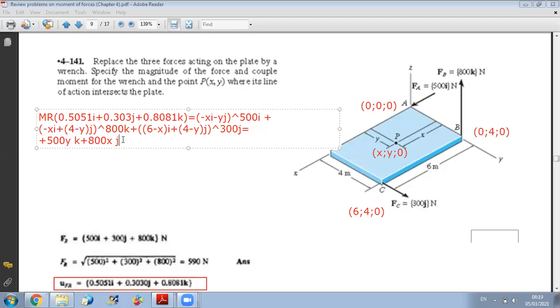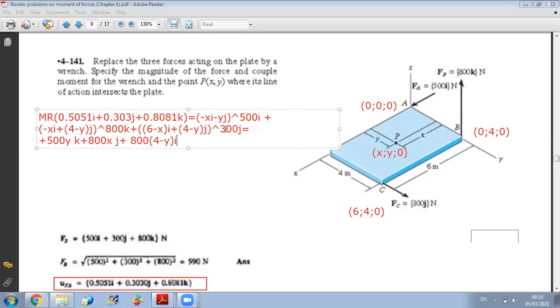Now, j vectorial k is plus i, because ijk, so jk is positive. J vectorial k is plus i, and so it is plus 4 minus y times 800. So I will put 800 here times i.